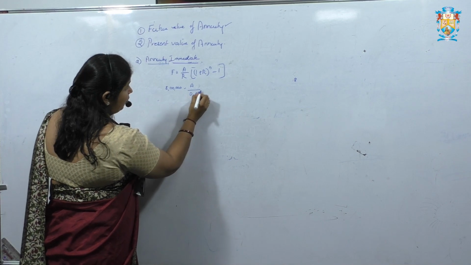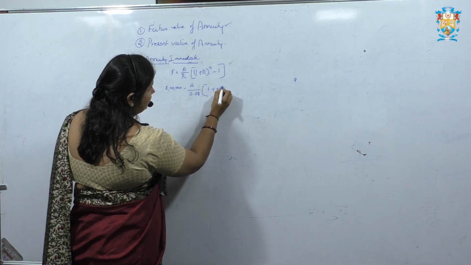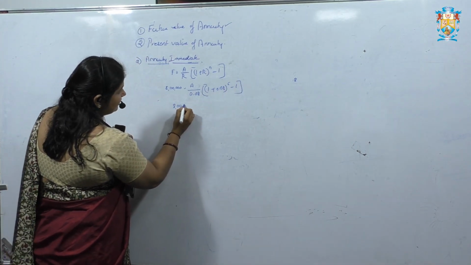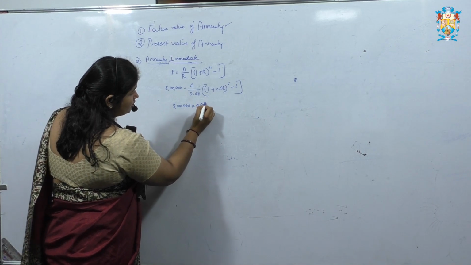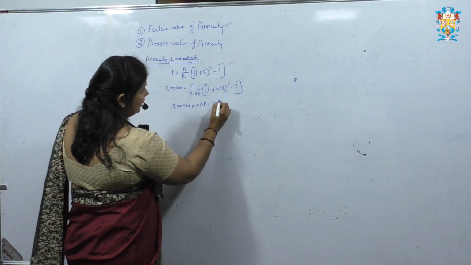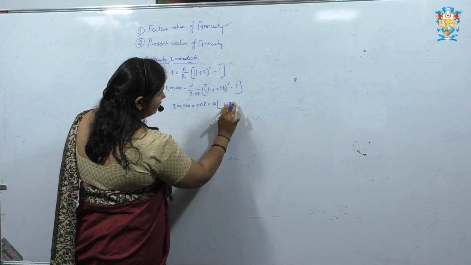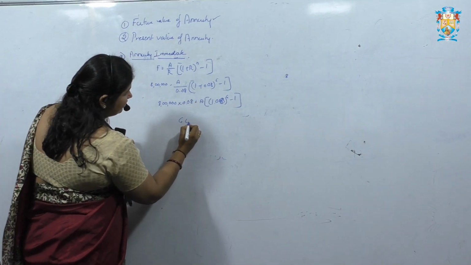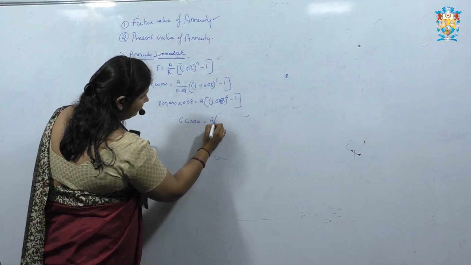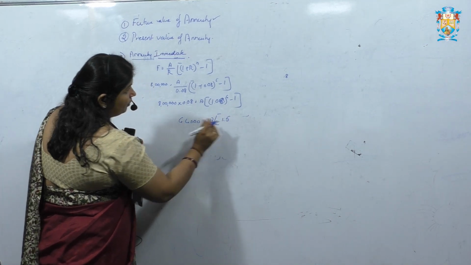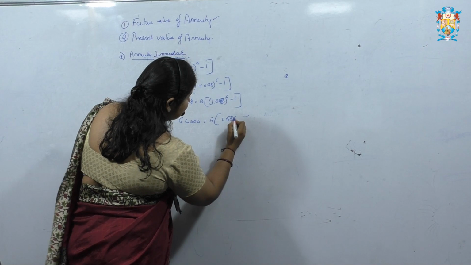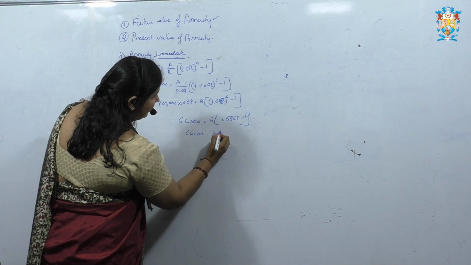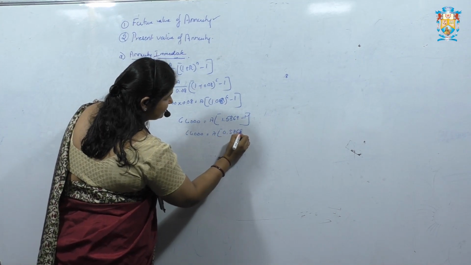R is given, that is 0.08. 1 plus 0.08 whole to the power of 6 minus 1. 8 lakh into 0.08 is equal to 64,000, equal to A into 1.5869 minus 1. 64,000 is equal to A into 0.5869.